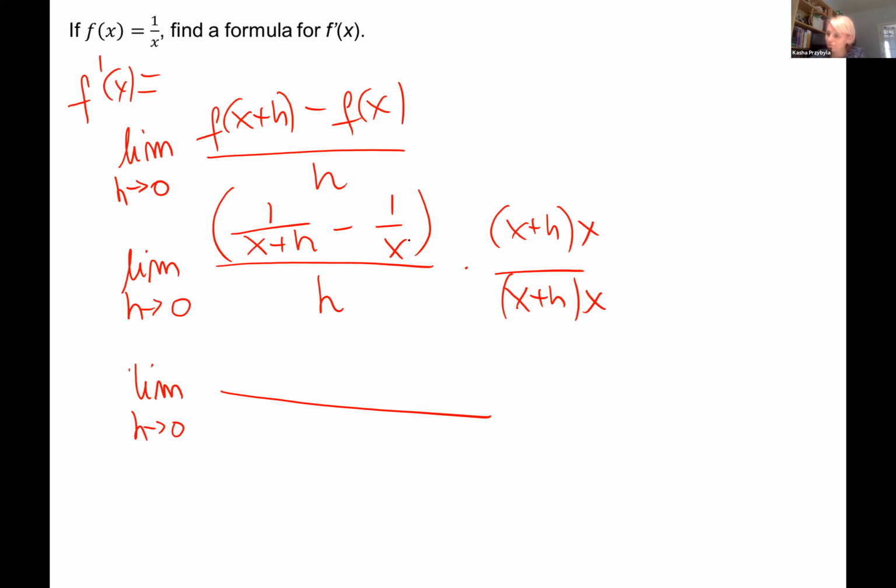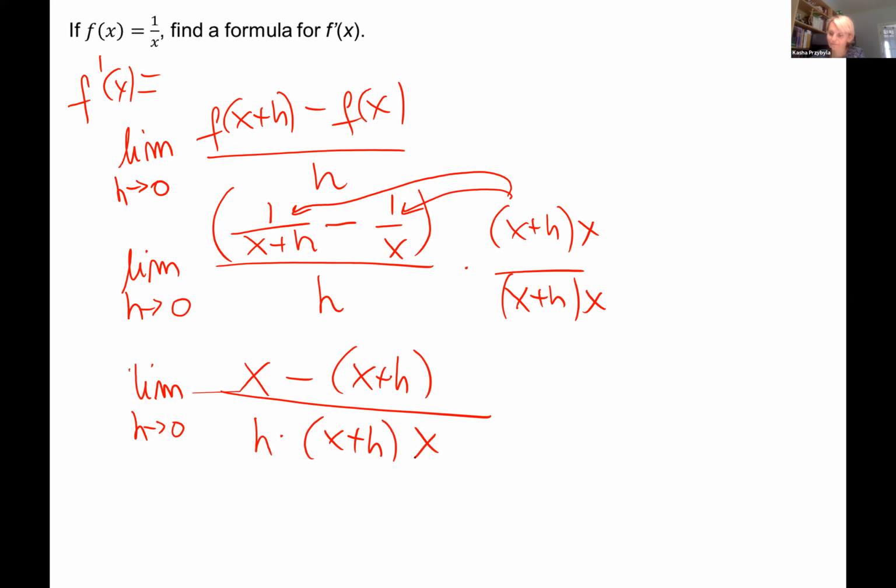Okay, when I multiply the first fraction by this, this will be gone, right? Only x will stay. If I multiply the second fraction, x will be gone, then x plus h will stay. And when I multiply the denominator, everything stays. Okay, and for example, one more step.